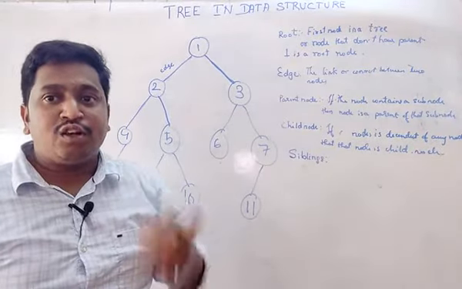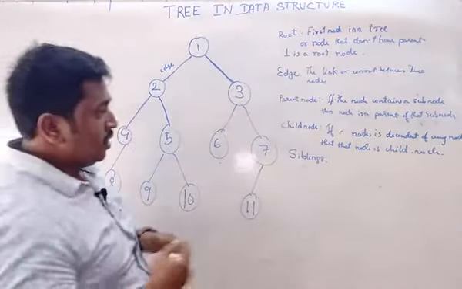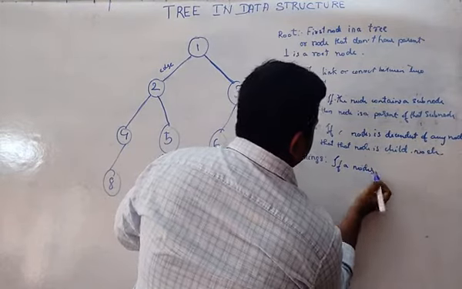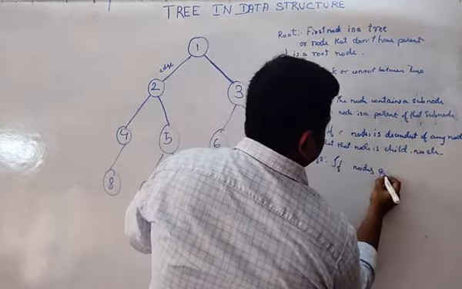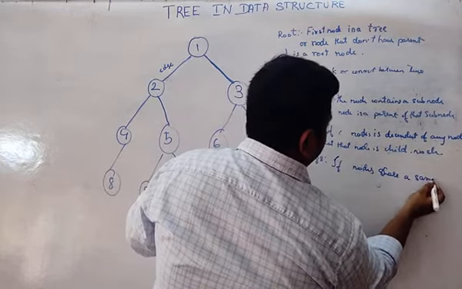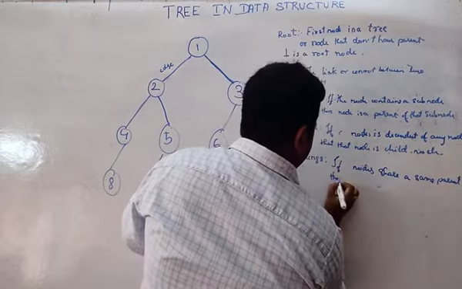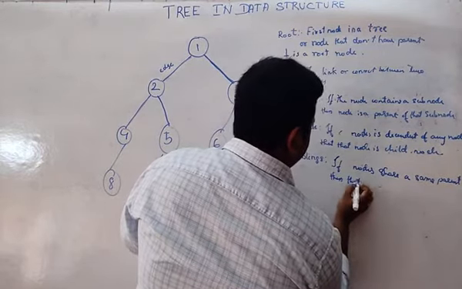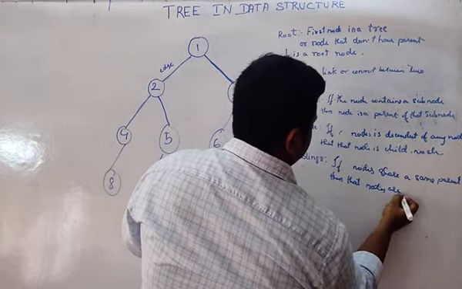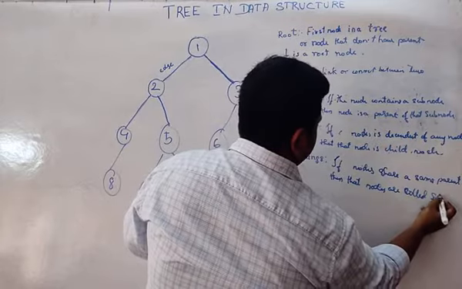If they are children of the same parent, then those nodes are called siblings.